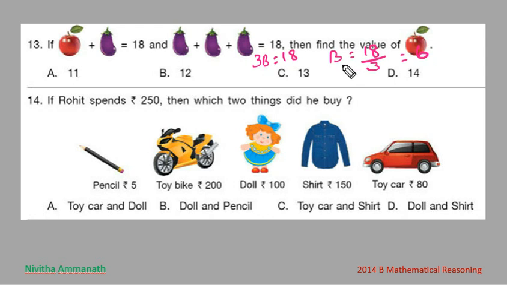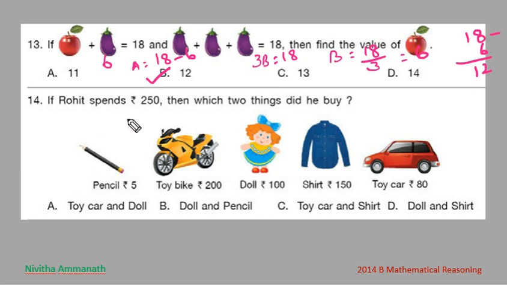So 1 brinjal equal to 6. Then we write this brinjal as 6. So apple plus 6 equal to 18. So apple equal to 18 minus 6. 8 minus 6, that is 2. 1, that is 12. So B is the correct option.